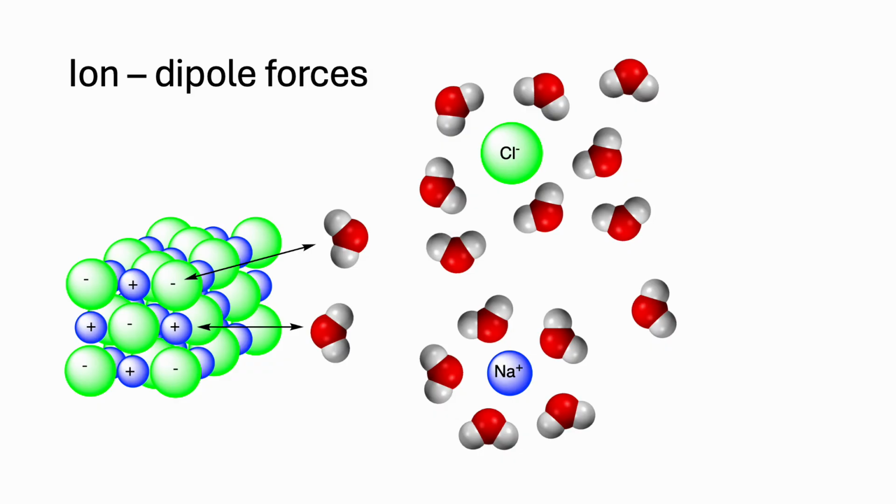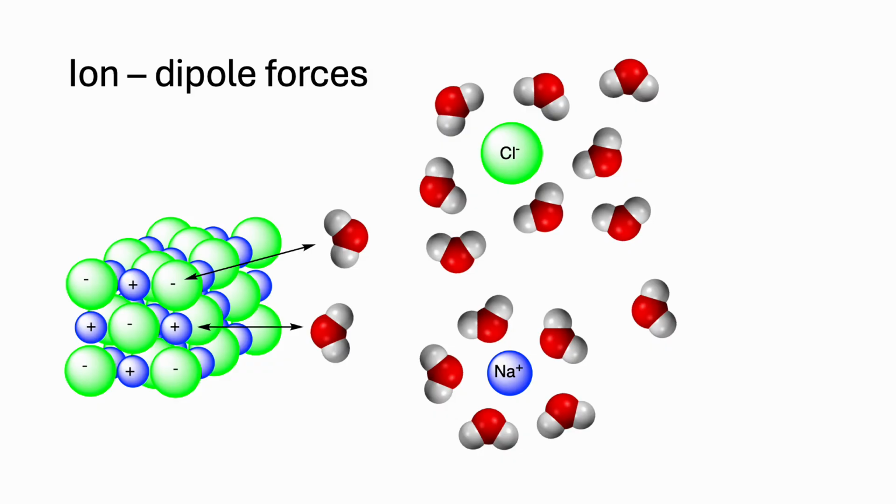While the energy of attraction between a single water molecule and an ion is much smaller than that between a cation and an anion, if many water molecules are involved, the sum of the ion dipole attractions can overcome the force of attraction holding the ions into a lattice, and the ions break away from the lattice and enter the solution surrounded by a sheath of water molecules.